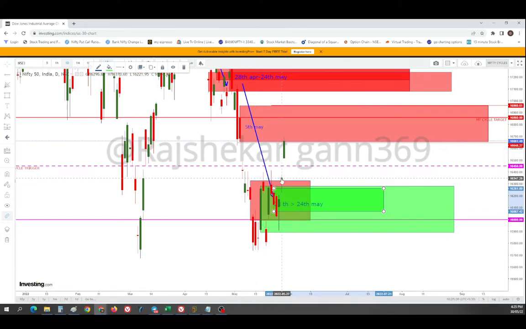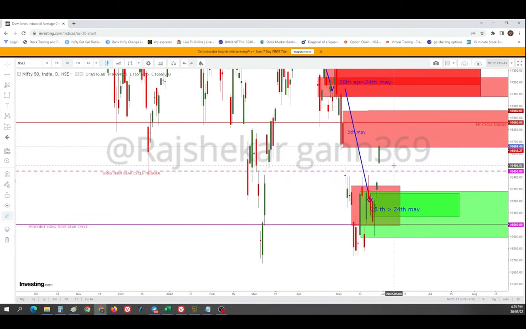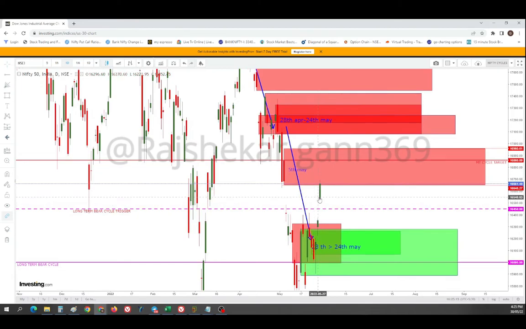After breaking out, another date in the past time cycle, which is 11th, was also broken, and after this we have seen a gap up today. Now after the gap up, as I mentioned, the price level 16,700, 16,900 is the price band with the time influence.